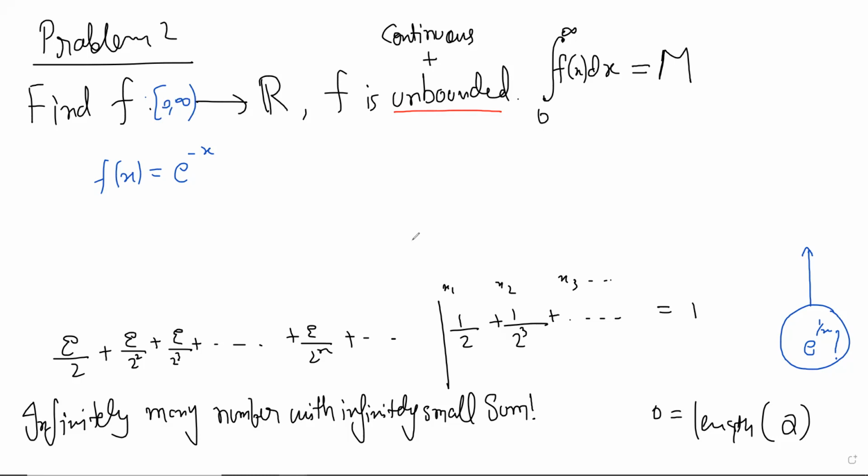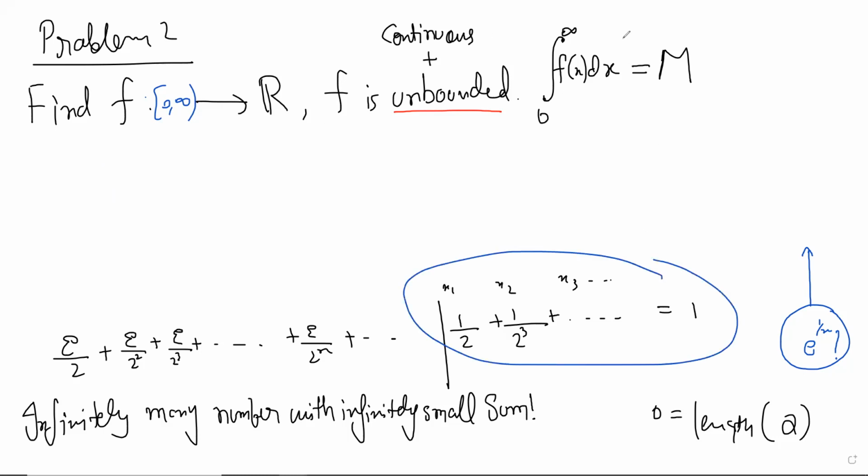But then e to the power minus x is less than 1, so it's not unbounded. I think there was an example like this; someone had told me once, but I don't remember it. I am not insisting on this, I am actually insisting on the geometric thing.